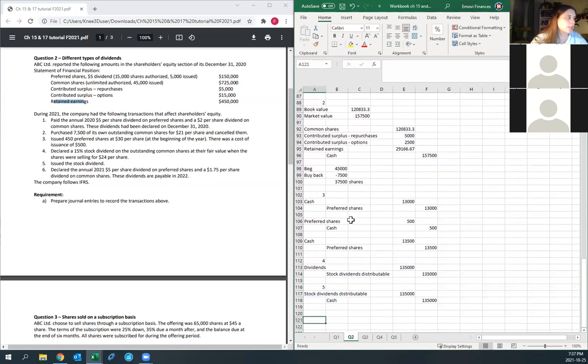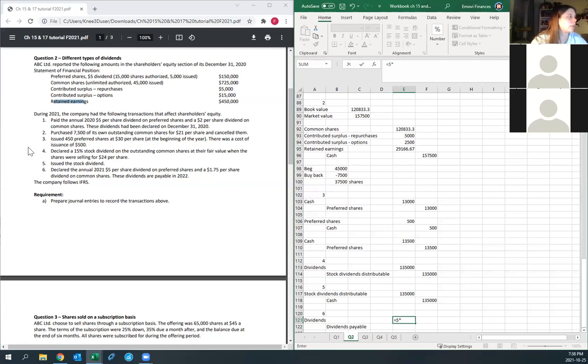And then the last transaction is that they declared an annual 2021 $5 per share dividend on preferred shares and a $1.75 per share dividend on common shares. These dividends are payable in 2022. So you're going to have your dividends payable because they haven't paid it yet. And the amount is going to be $5 times, we didn't change anything to the numbers of preferred shares, right? Yes, we did.